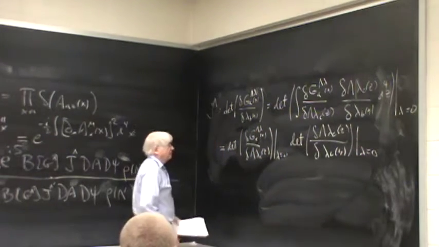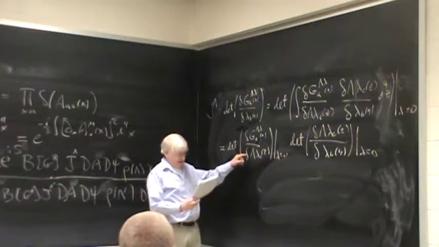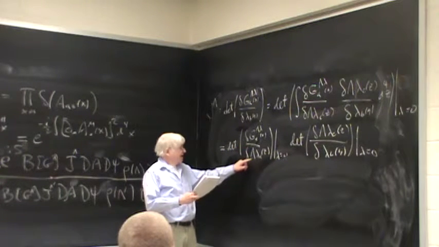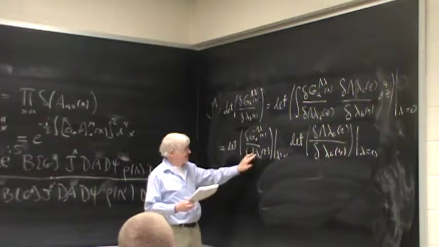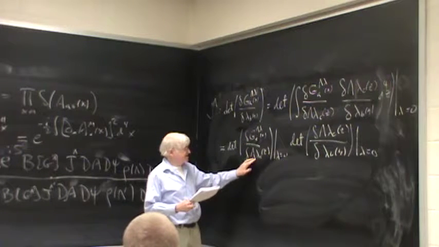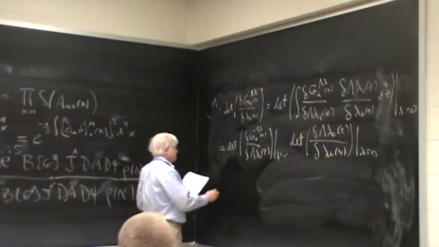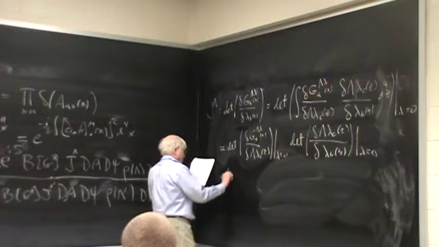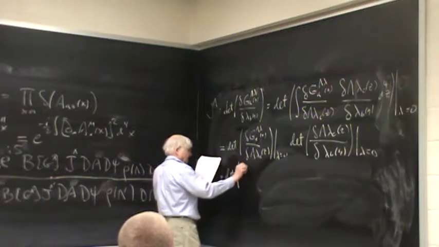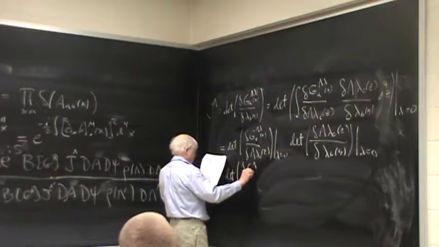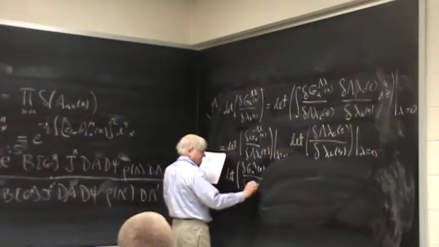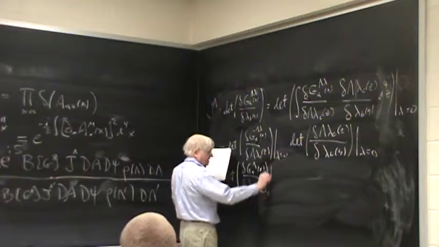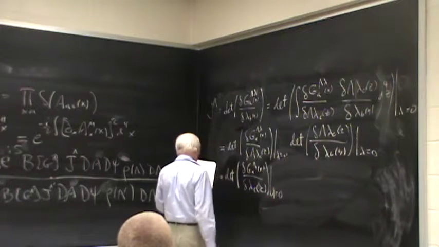And now, if we're going to the lambda equals 0 limit here, we've got just the same thing in both places, so we can just say that this is the determinant of G of lambda A x, variation lambda c of z, at lambda equals 0.